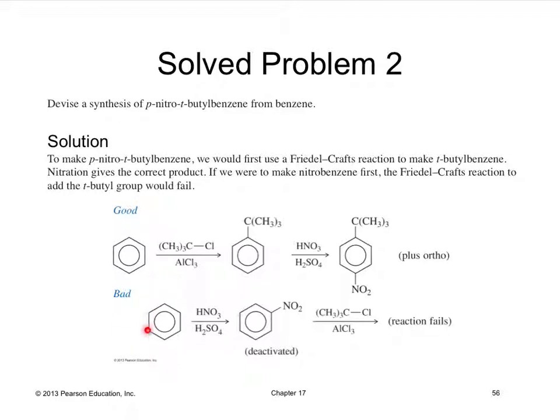Now, if you can do it the other way, in which you nitrate first, nitration is a deactivating group, right? It's electron withdrawing, and so it'll prefer the alkylation at the meta position, so as a result you don't get the para. So this would be a bad synthesis.